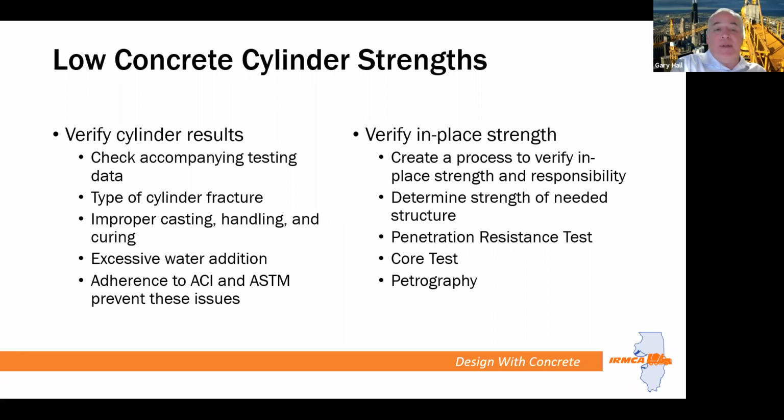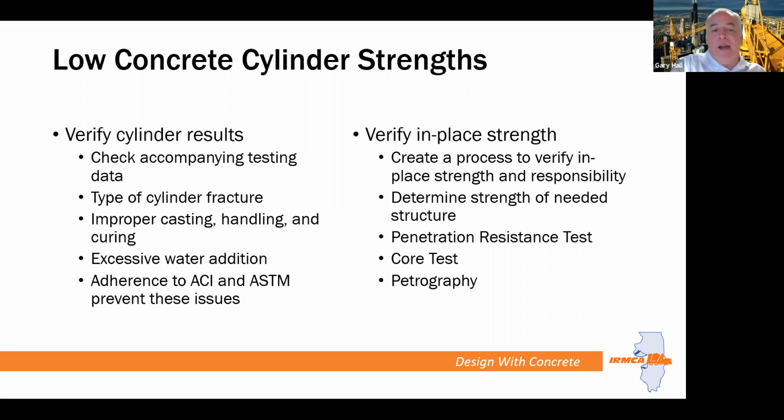So we want to take a look at both concrete and ambient conditions, as well as the air content of the concrete. Obviously, if a spec on air is 5 to 7% for a mix design, and our recorded air content is 9%, then naturally that's going to lead to low strengths.